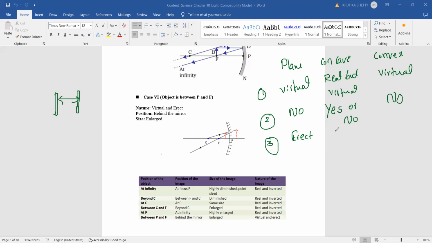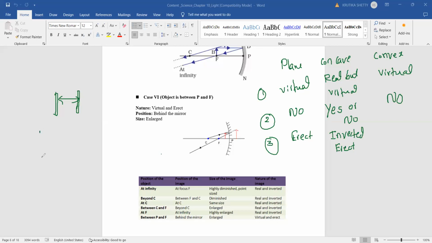In the case of the concave mirror, it is sometimes inverted. When it is real, it is inverted, and when it is virtual, it is erect. Inverted and erect are opposite words.